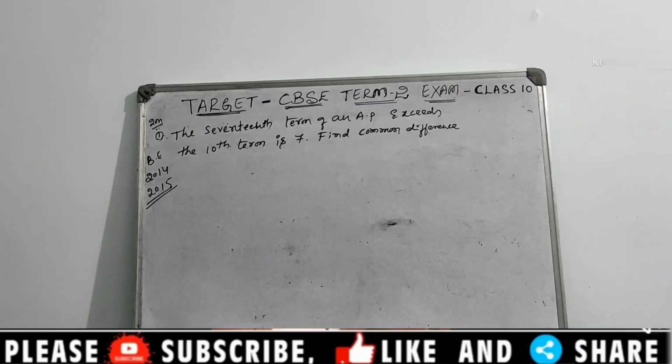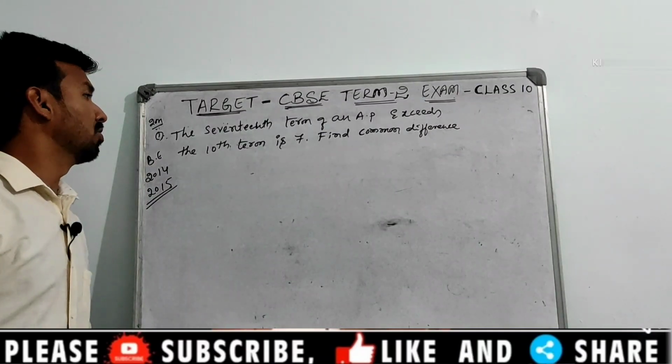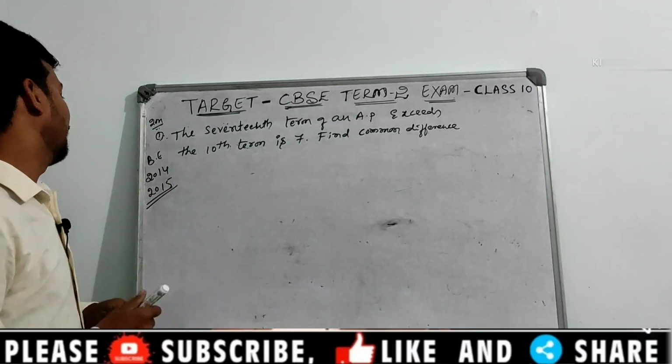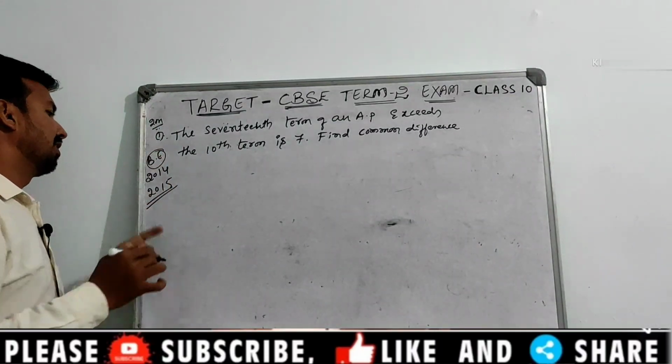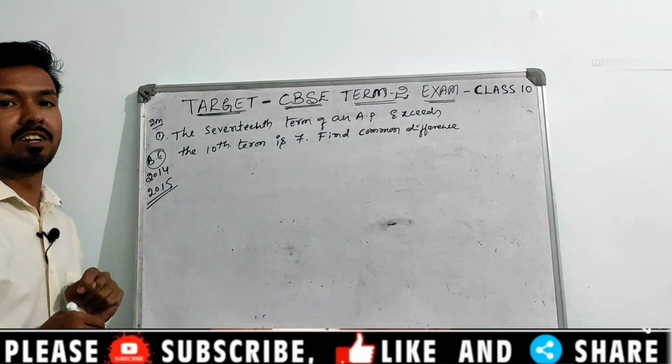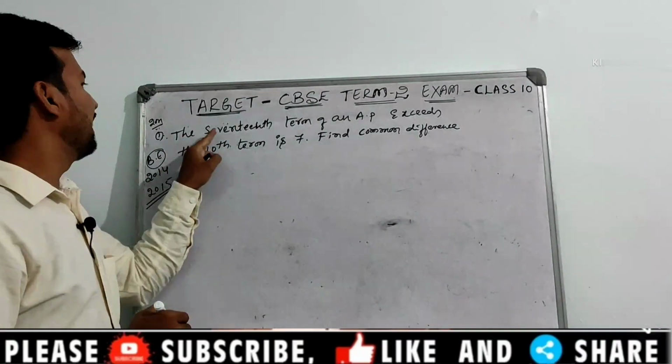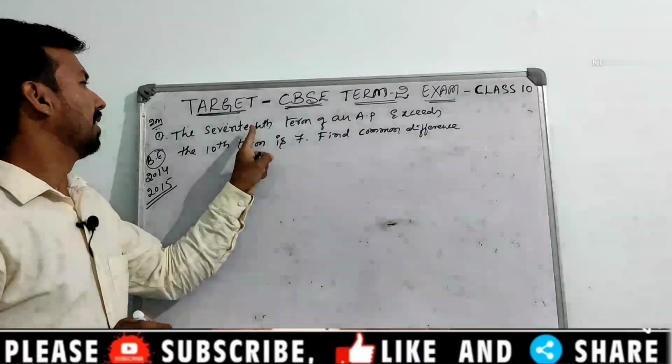Here, children, now once again an important question: the 17th term, that was already asked in the examination in 2014 and 2015, children. The most expected question for 2 marks. Here what is the question?